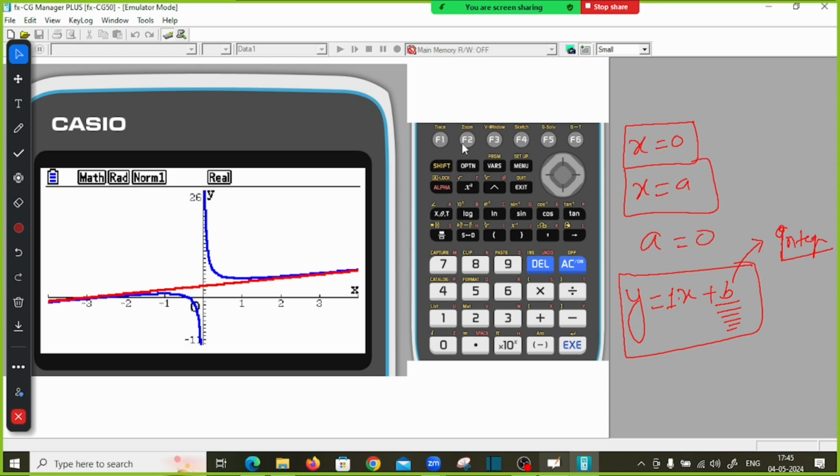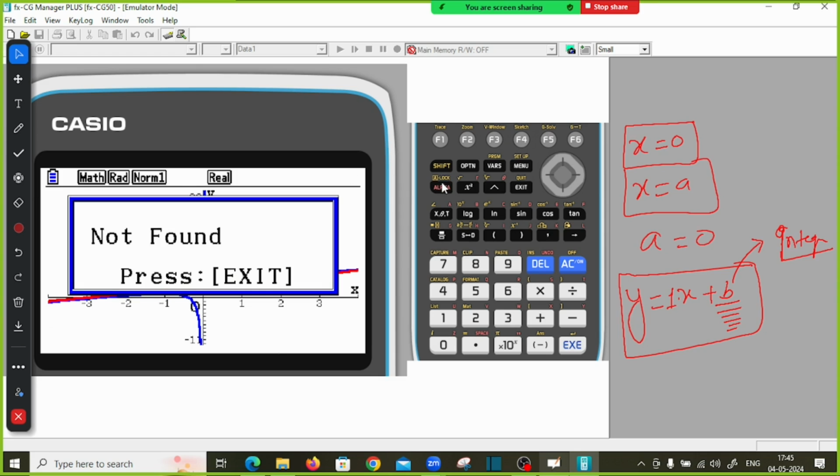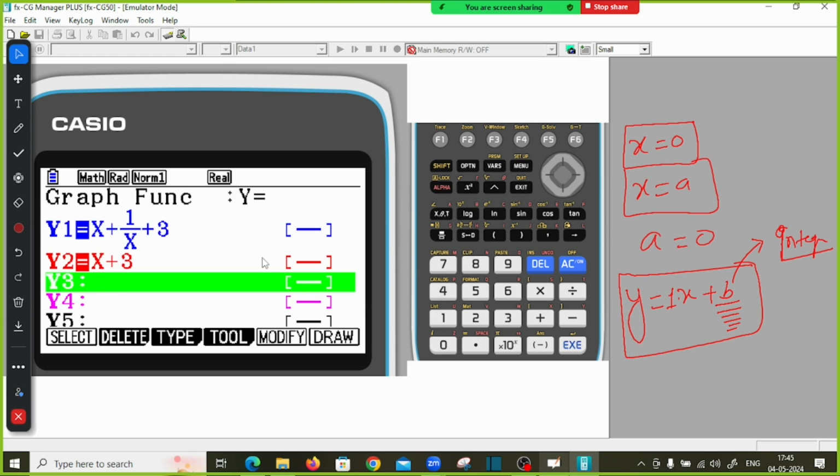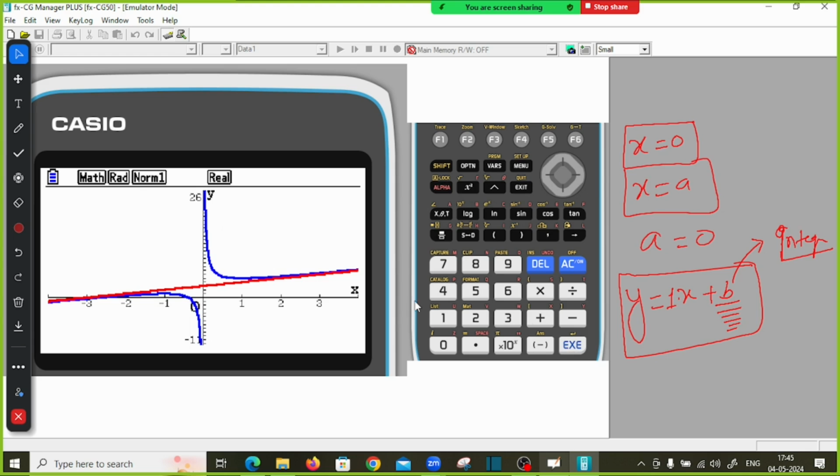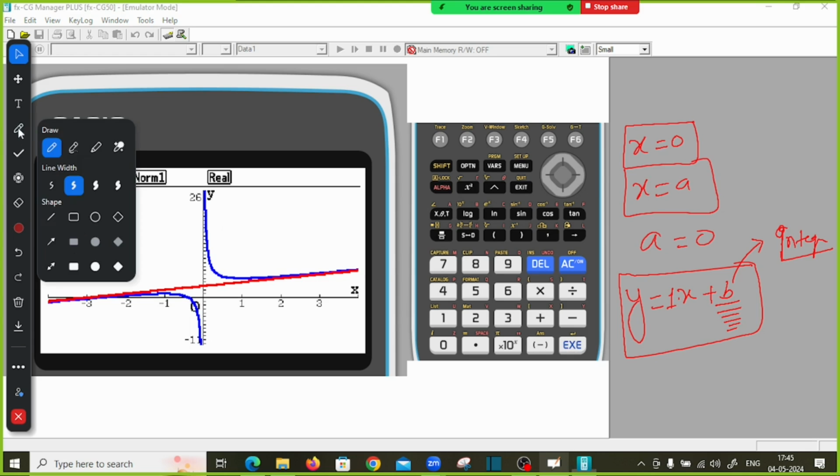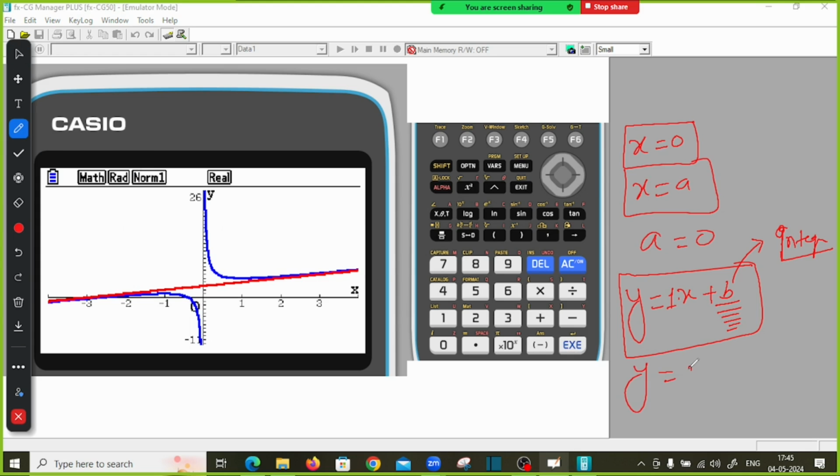Is there any intersection point? So we will go to gsolve and find the intersection. Not found. So there is no intersection between this line and this curve. So our assumption is correct that this line is going to be our asymptote. So it is y equals x plus 3. So my b is 3.